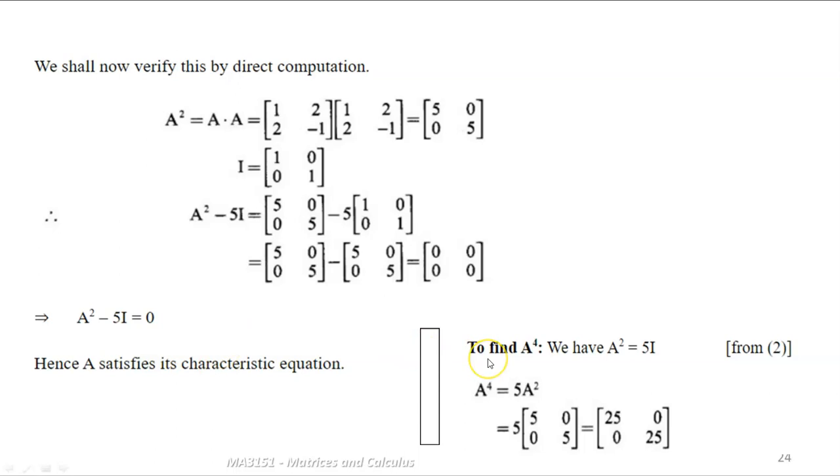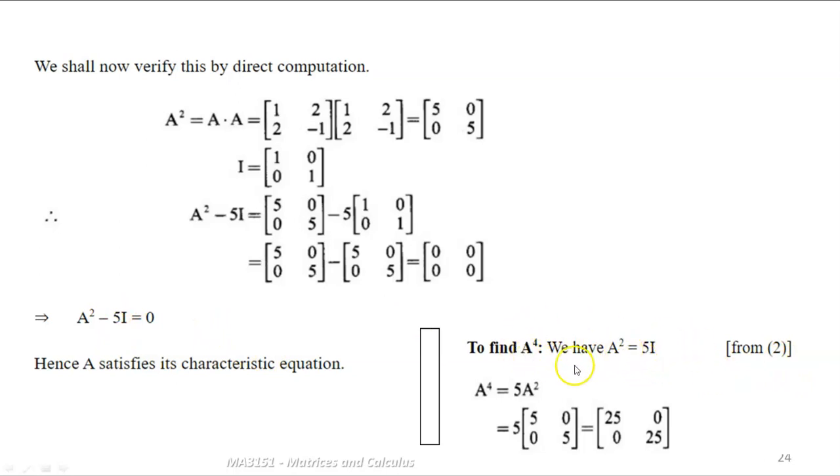In the next part, we are going to find A power 4 without calculating the product of matrices. By using this equation, we are going to find A power 4. Since this equation is true, as we already verified, consider this equation again, A square minus 5I. Keep A square on the LHS and bring 5I to the RHS. Then we get A square equal to 5I.